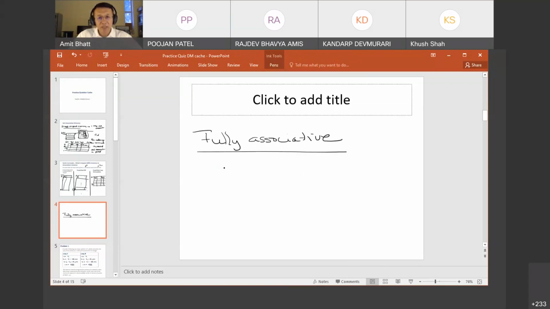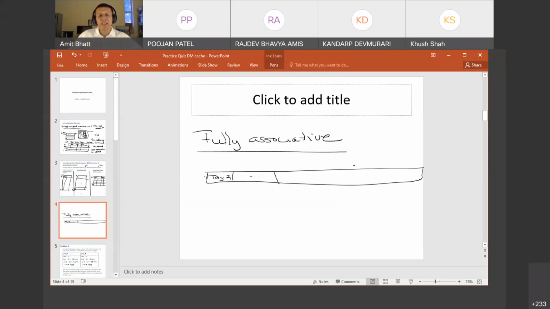Fully associative means you will have zero index, right? That means whatever space you have, that space can be divided into tag 1, tag 2, tag 3, whatever number of tags it can sustain.